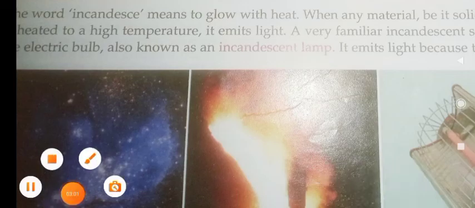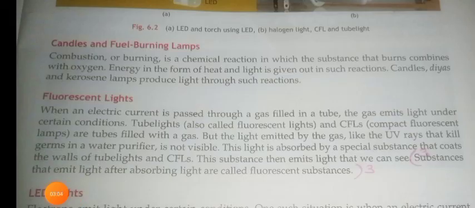Is it clear? Now, another source is candles and fuel burning lamps. Combustion or burning is a chemical reaction in which the substance that burns combines with oxygen. We know that burning or combustion takes place with the help of oxygen.